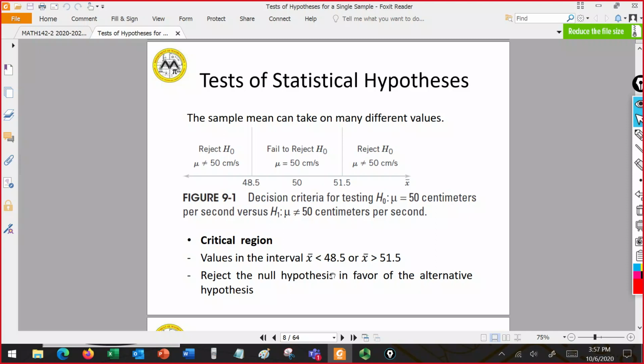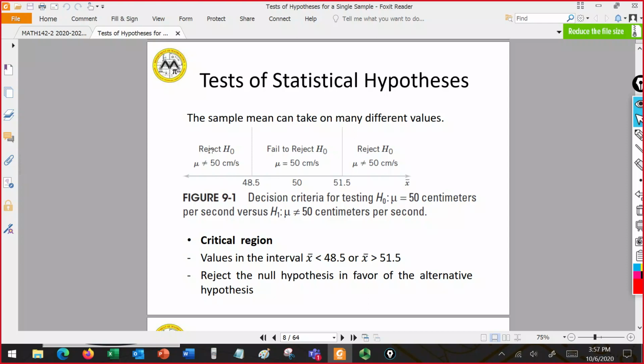Ang nangyayari kasi dyan, say you have random samples, ang na-compute mo is 47. 47 yung average ng samples mo. So, statistically speaking, we can no longer consider yung 47 to be statistically same as 50.